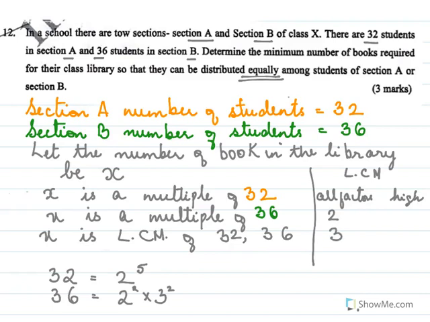The highest power of 2 is 5 and the highest power of 3 is 2. So LCM equals 2 raised to 5 into 3 raised to 2, which is 32 into 9. So the answer is 288 books. So the number of books should be 288.